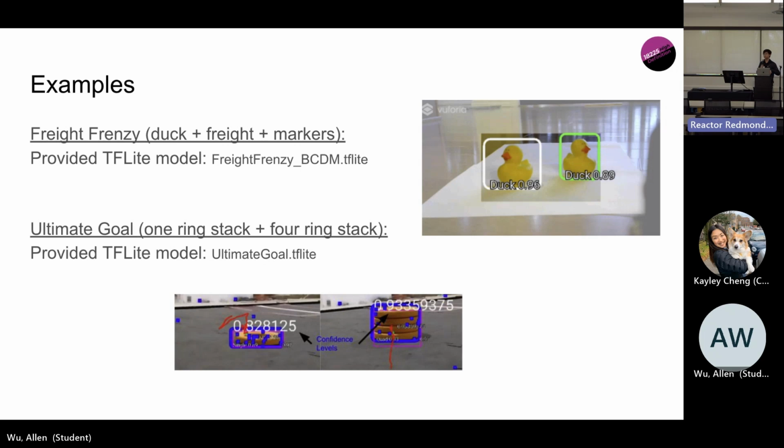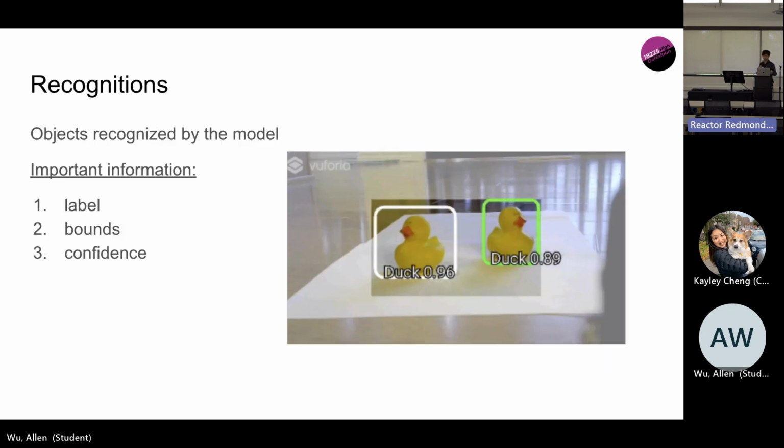Teams could use the position of those tape markers to determine which one was covered. There were 3 tape markers on the ground, and one of them was covered by an object that your team creates. In order to park, you would have to determine which marker was covered. Using this TensorFlow model might help you determine which ones are covered and which are not. That's also where the position, the bounds from the previous slides, the second point here, come into action, because those tell you which markers are covered.